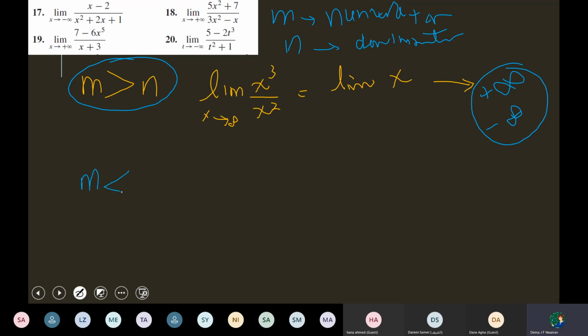But if m is less than n, like the limit of x squared over x cubed, after you simplify it, you will have the limit of 1 over x. That means 0.